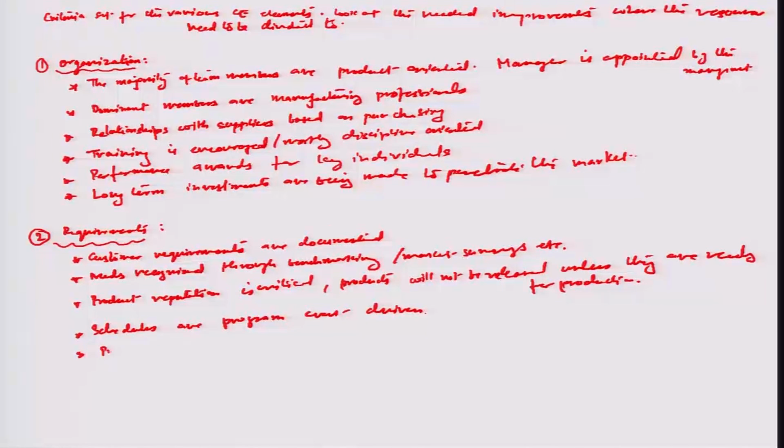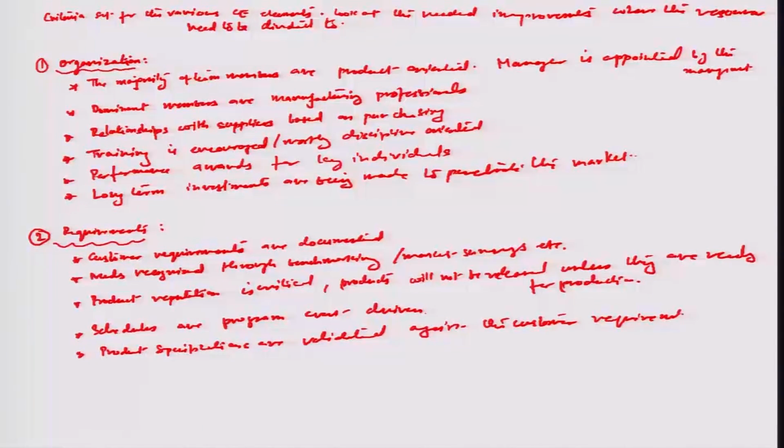And of course, the product specifications in this case are validated through the exact customer requirements. So, that gives us or defines a level for the validation, based on which some documentation can be made. So, this is how you work on the requirements.